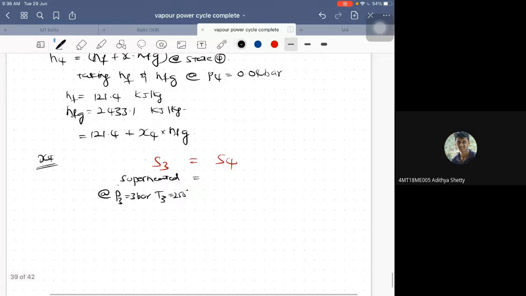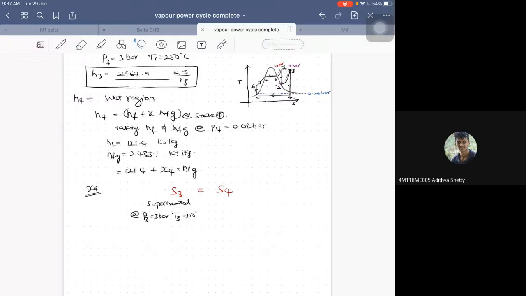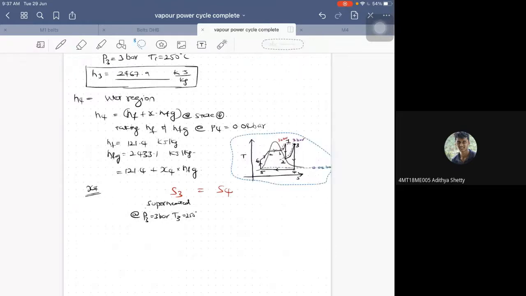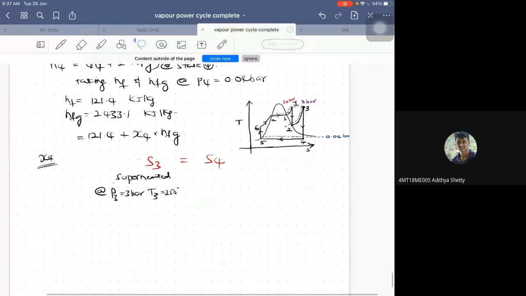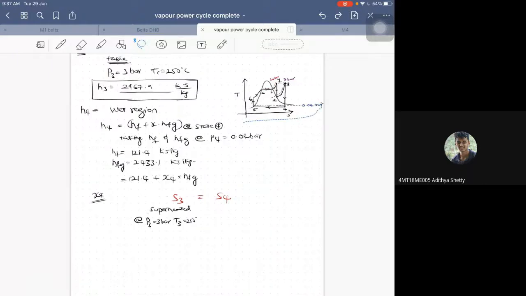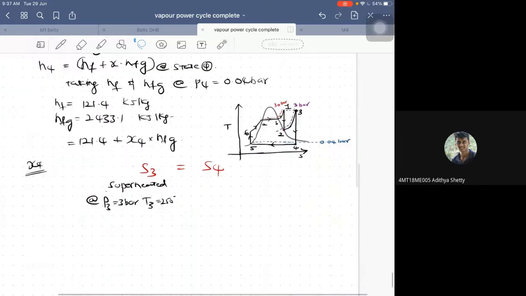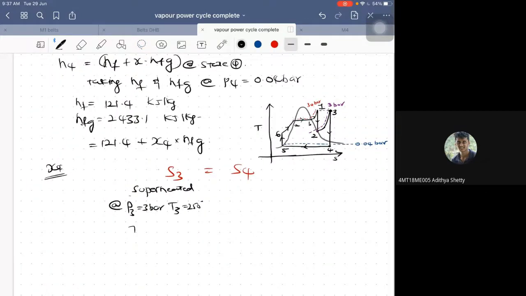Can I have the value of S3 directly from the steam tables? 7.5176. So S3 is equal to 7.5176.